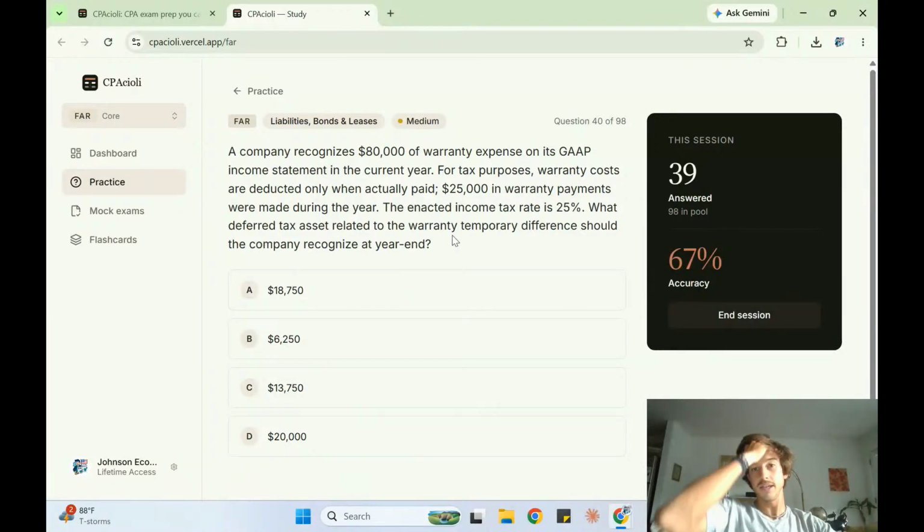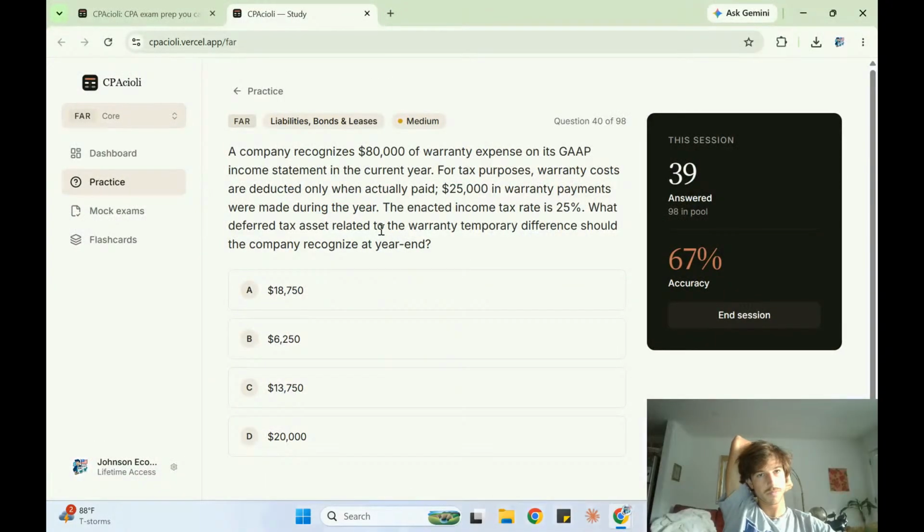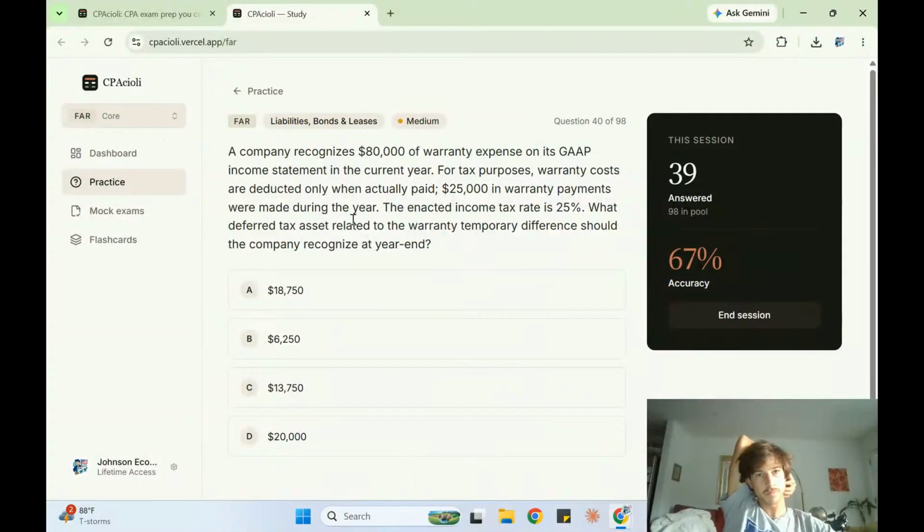Okay, company recognizes $80K in warranty expense. Warranty costs were deducted only when actually paid. Oh, temporary difference stuff.